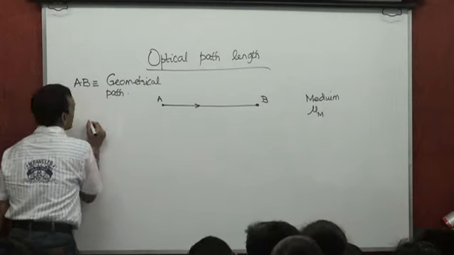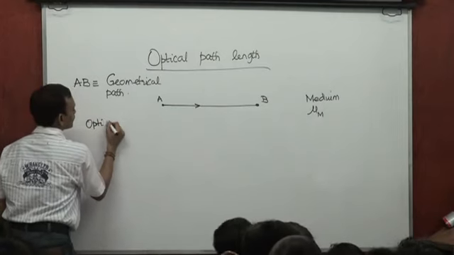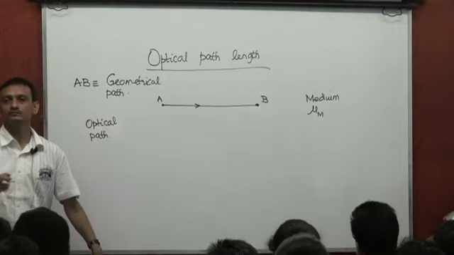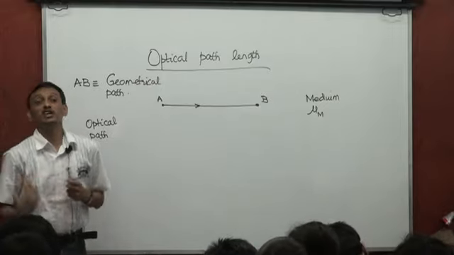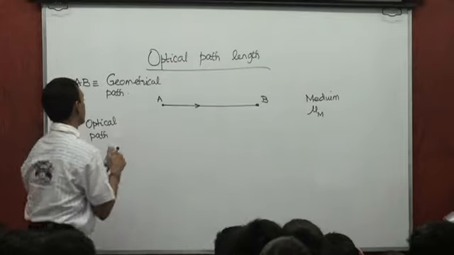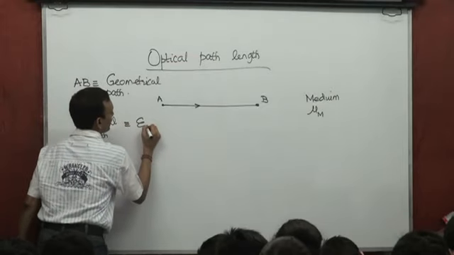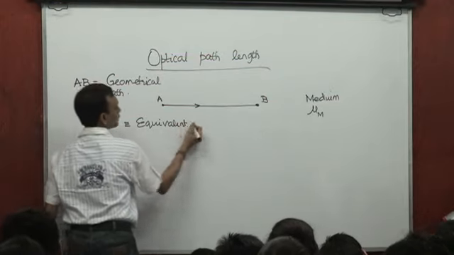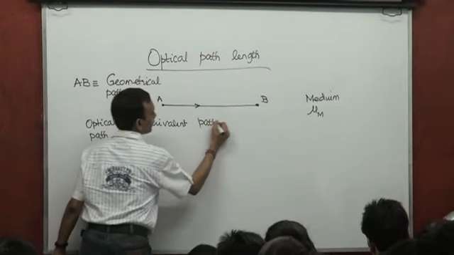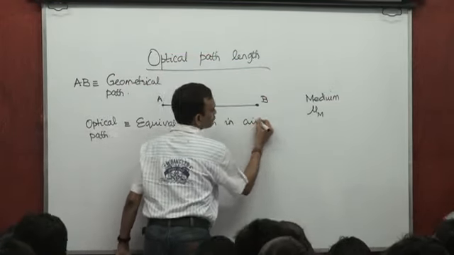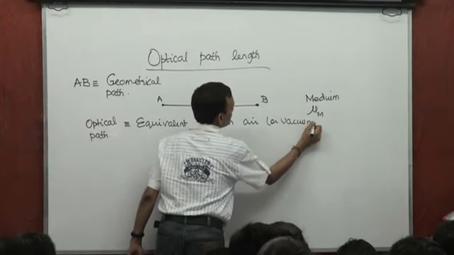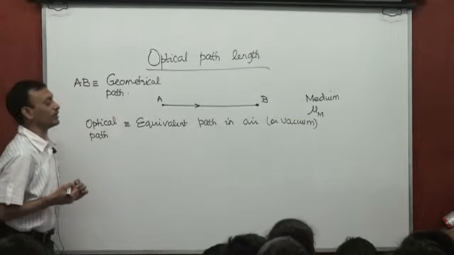The optical path, or the optical path length, is the equivalent path in air or vacuum. Now, what do I mean by an equivalent path in air or vacuum?